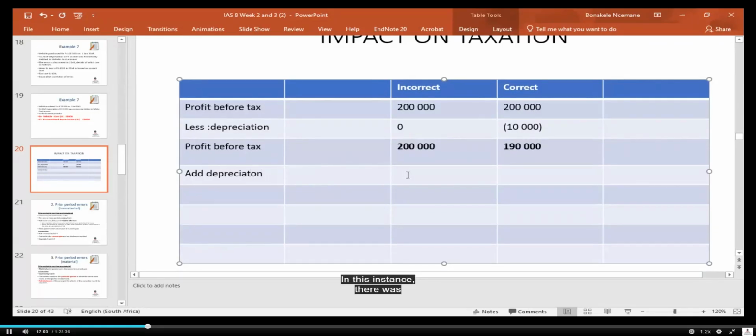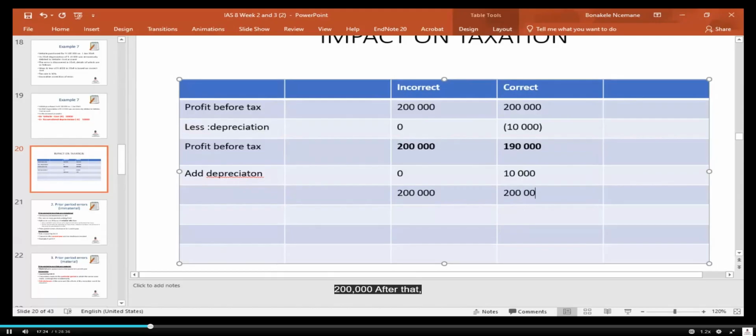In this instance, there was no depreciation you would have added back because it had not been adjusted for correctly. But here you would have added back 10,000, and now essentially you would have had 200,000.